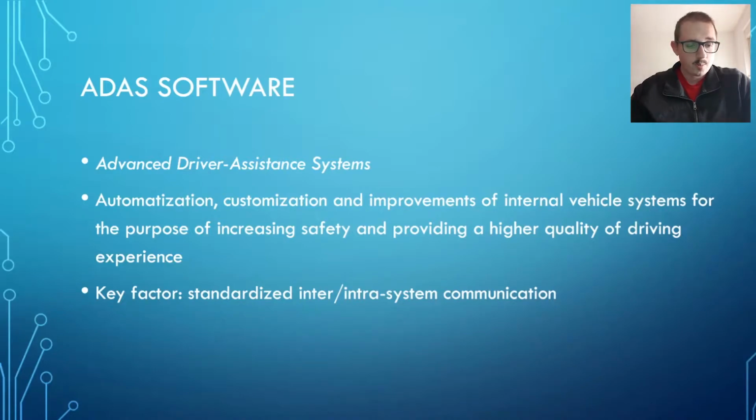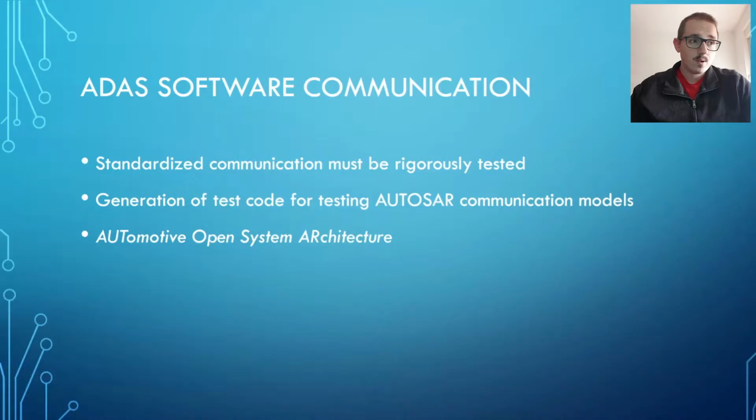A key factor in the operation of ADAS systems is communication, especially communication among its components, so-called inter-system communication. This kind of process of standardizing communication is something that has to be rigorously tested and carefully written. Those standards are part of AUTOSAR communication models.